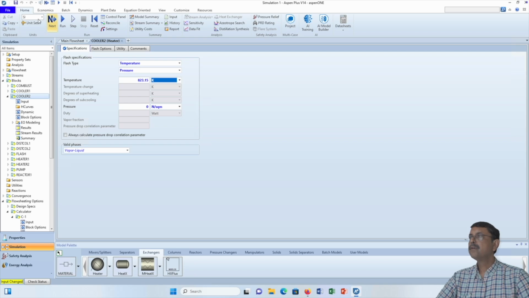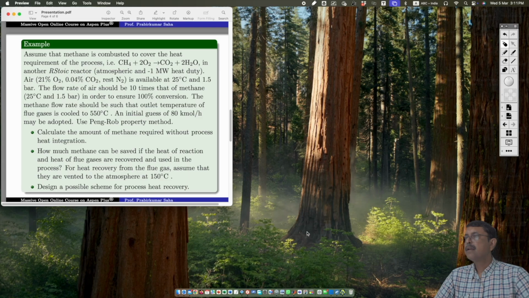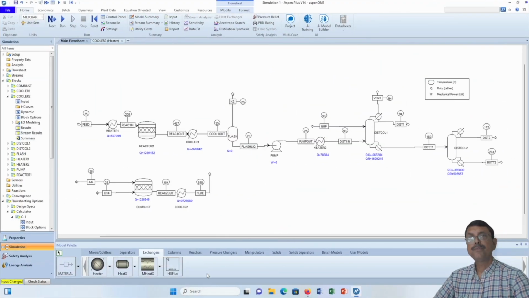So in degree centigrade it is 550. So we are running two parallel processes. We have not done the heat integration. So the first question that was asked, calculate the amount of methane required without process heat integration. So we have to use another design spec. So what should be the value of methane over here for which the temperature will be 550 degrees centigrade? So that work we need to do.